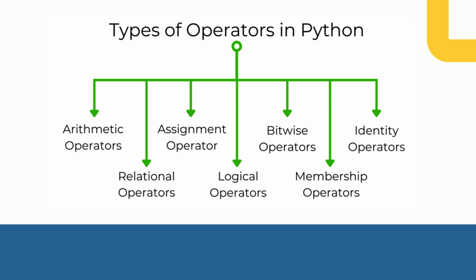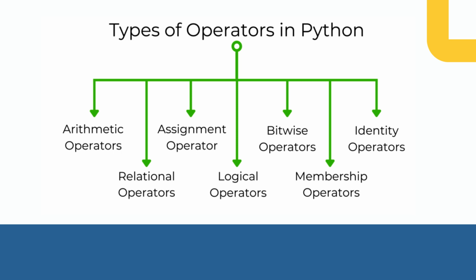But four of these are most commonly used, and that is what we will see in a bit more detail: arithmetic, relational, assignment, and logical. Relational operators are also known as comparison operators, so both are the same.